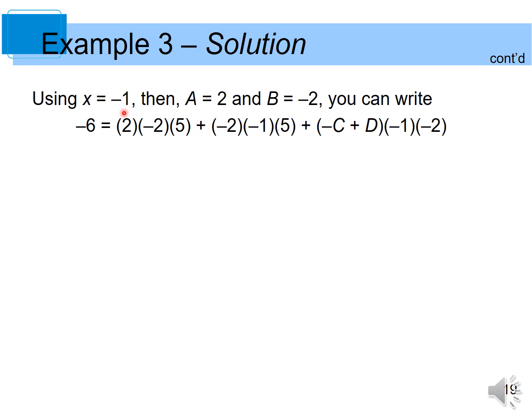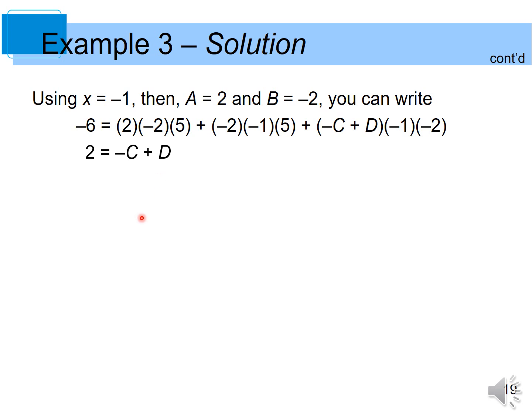So we substitute x equal to -1, and what we have obtained, A equal to 2 and B equal to -2, into the basic equation. And we simplify, we have this equation involving the C and D unknowns.